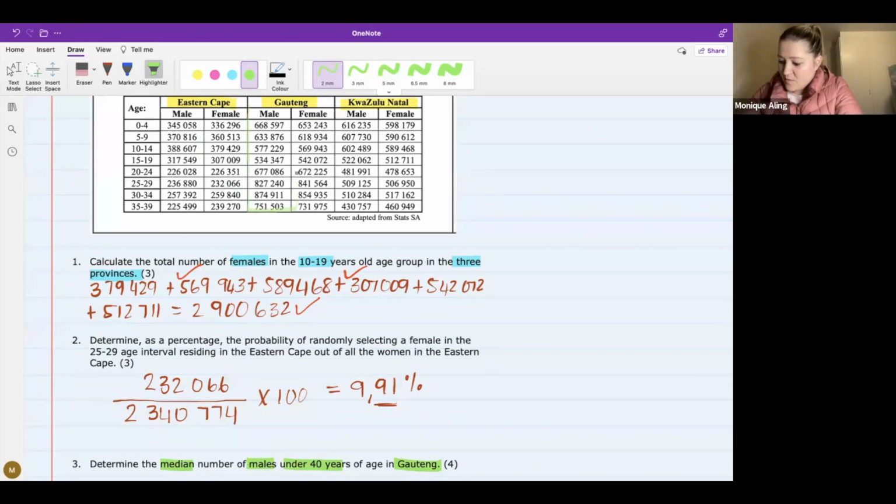Okay, but we're looking at all the males in Gauteng. We're going to put those numbers in order and find the middle number.